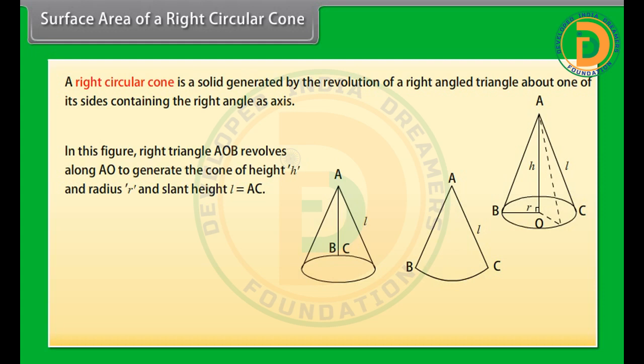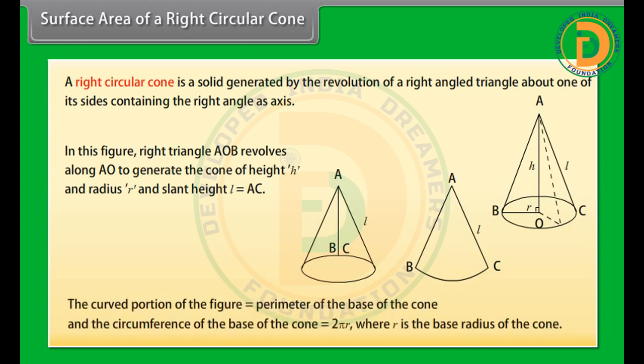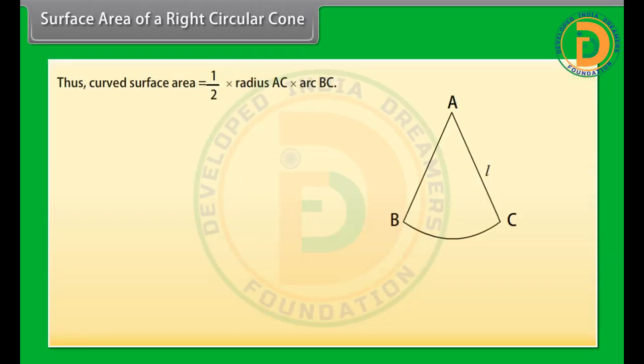To find the total surface area of a cone, let us cut it along its slant height and spread it into a sector ABC. The curved portion of the figure is equal to the perimeter of the base of the cone, and the circumference of the base of the cone is equal to 2 pi r, where r is the base radius of the cone. Thus, curved surface area is equal to 1 upon 2 into radius AC into arc BC.